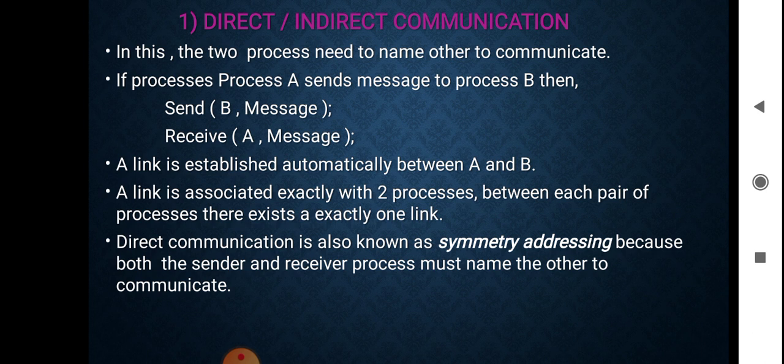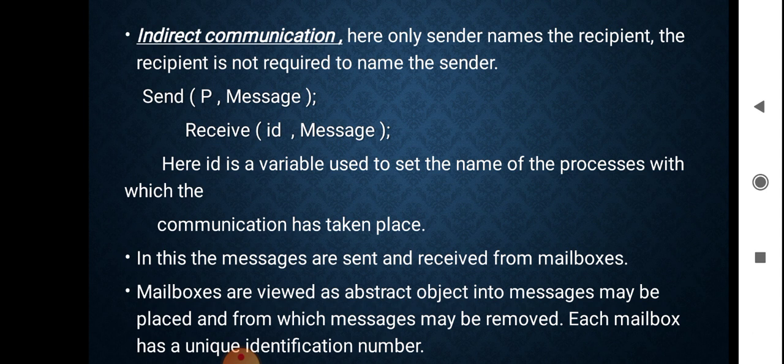Clear? So next is the indirect communication. So what is indirect communication? Here only the sender specifies the name, or here only the sender names the recipient. The recipient is not required to name the sender. So what is the basic primitive we have used in the direct?